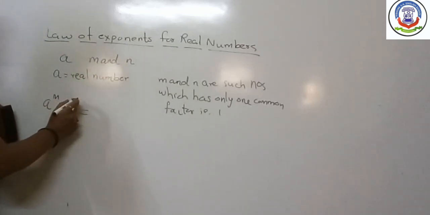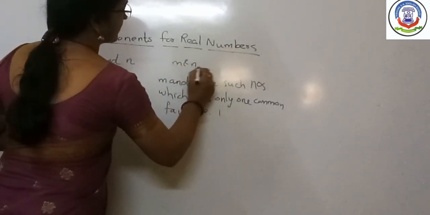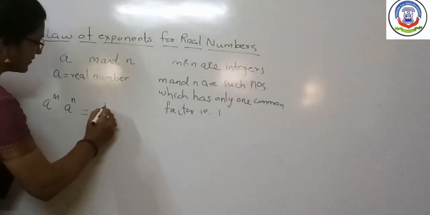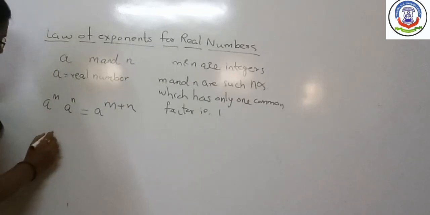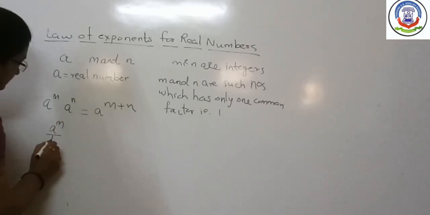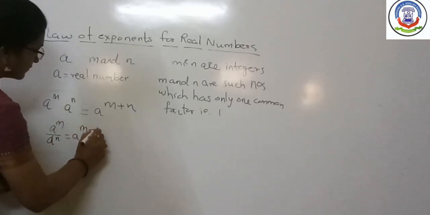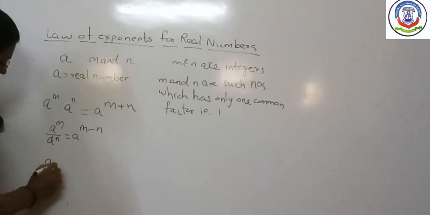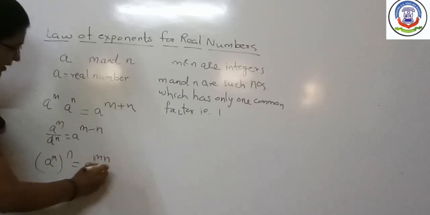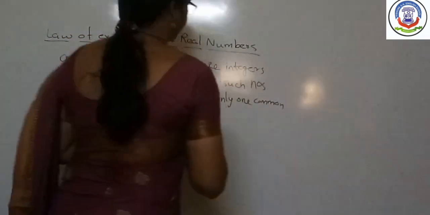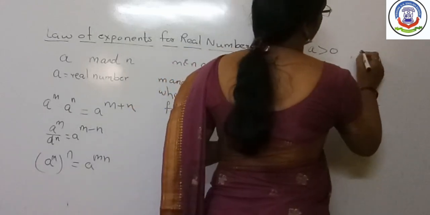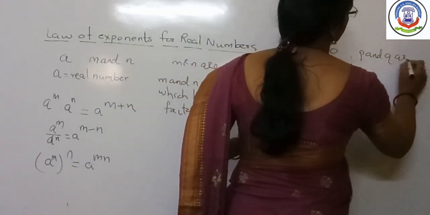Then a^m into a^n is equal to a^(m+n). All the rules are the same. (a^m)^n is a^(mn). Now a greater than 0, and p and q are integers.